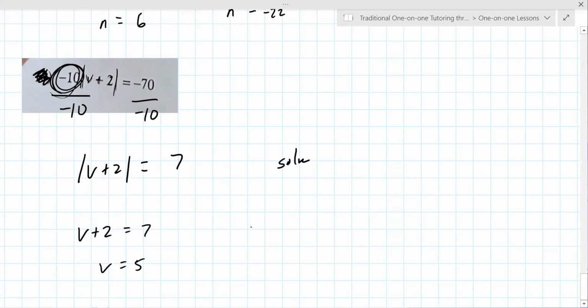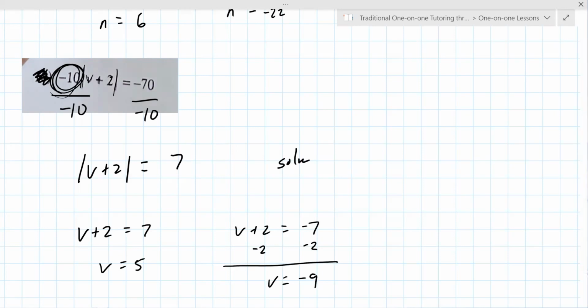Yep, V equals negative 5. So you're going to subtract 2 from both sides. Okay, yeah, V equals -9. -9, perfect.